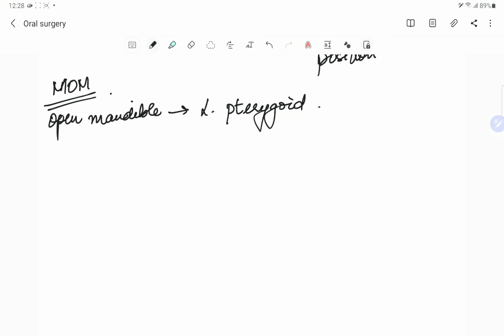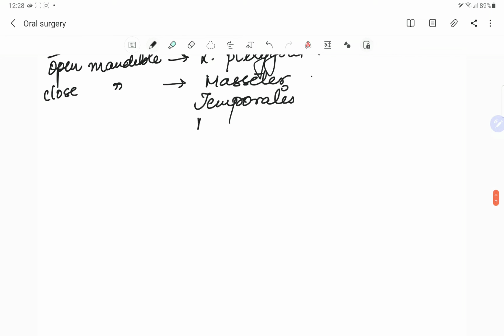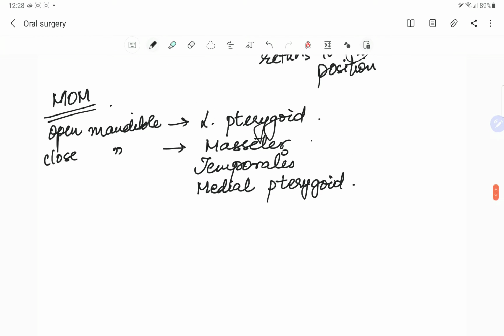If we close the mouth, close the mandible, the muscles involved are the masseter, temporalis and the medial pterygoid. I have already covered the muscles of mastication in one of the lectures. You can check out the playlist, you will find it. So, these are the 4 muscles of mastication.